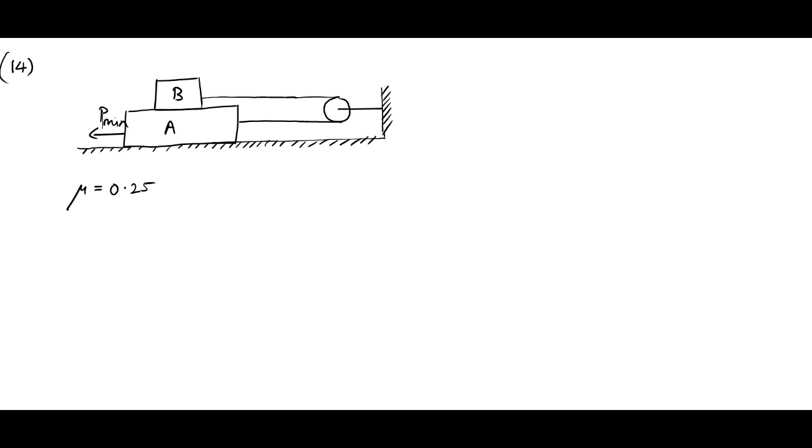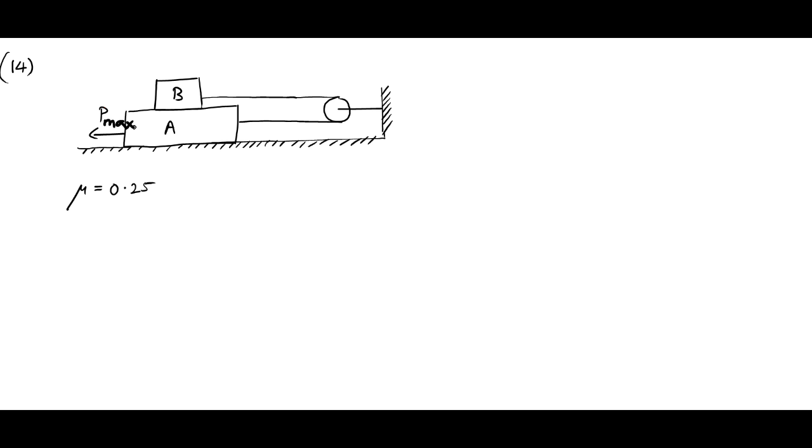Now, as we have done often before in the class, we convert this dynamics problem, in which we want to get the system to move, into a statics problem. So instead of finding the minimum value of P which can actually move the system, we find the maximum value of P for which static equilibrium exists.